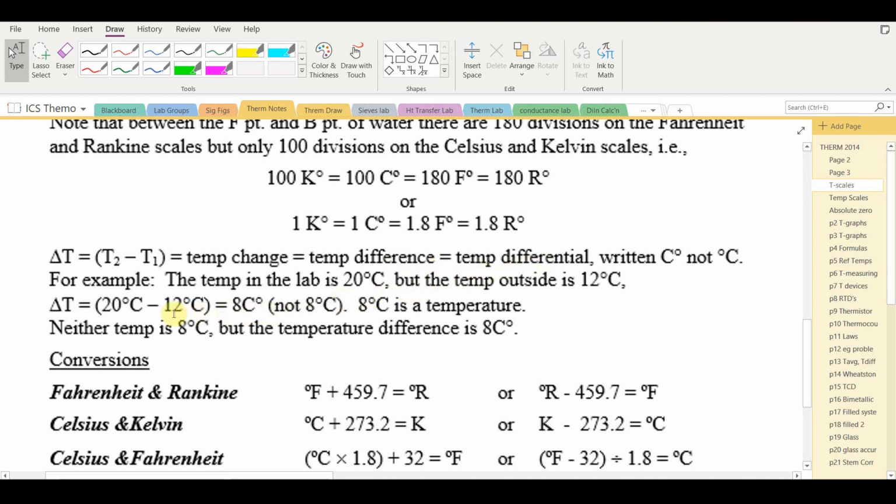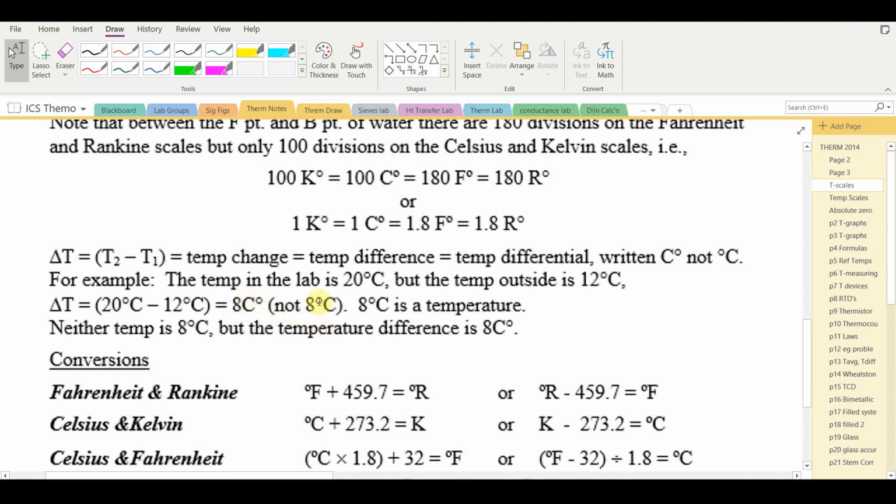Let's say that the temperature in the lab is 20 degrees Celsius, but outside is 12 degrees Celsius. So we could say, what's the delta T? What's the temperature differential between these temperatures? Well, we'd say T2 minus T1, 20 degrees C minus 12 degrees C is, note here please, 8 Celsius degrees, not 8 degrees C. See, when the degree symbol follows the Celsius, that means it's a temperature change.